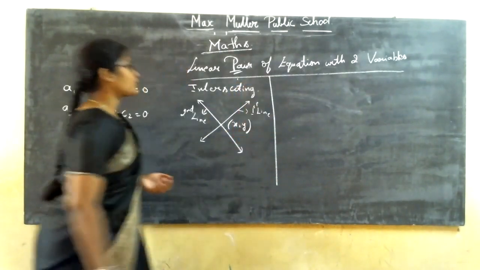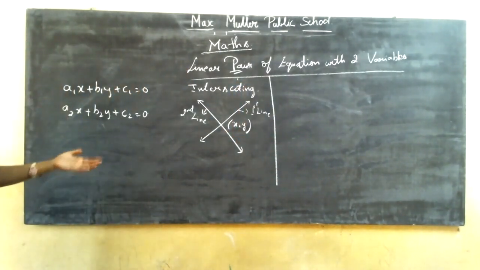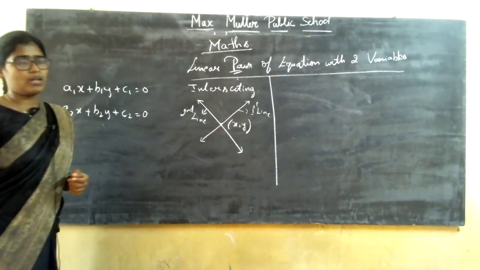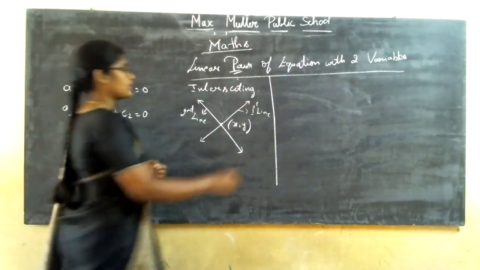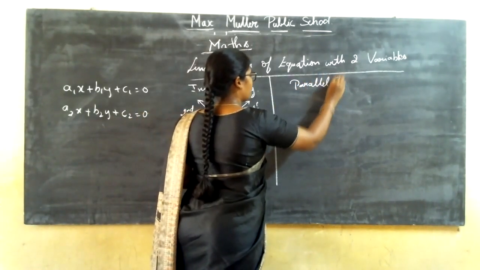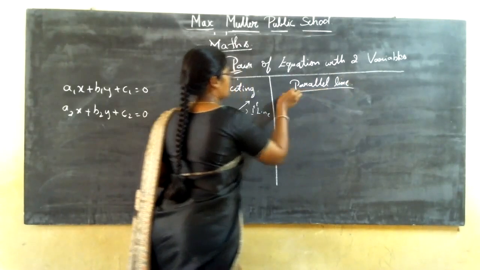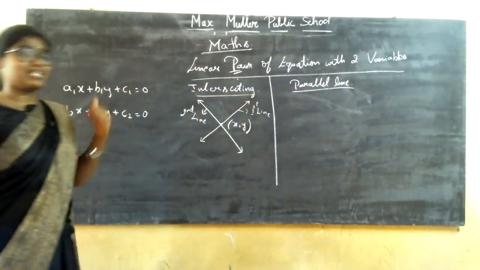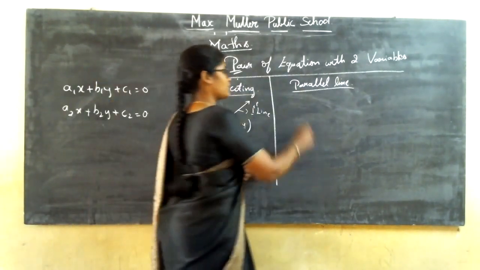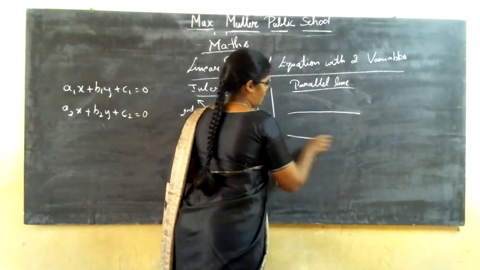Then coming back to the topic, it is intersecting lines where you have only one point intersecting each other with the coordinates x comma y. Next is the pair of parallel lines. What is a parallel line? As you have learnt in the previous classes, that is the 9th, 8th, 7th standard, you know that parallel lines do not have any joining points.